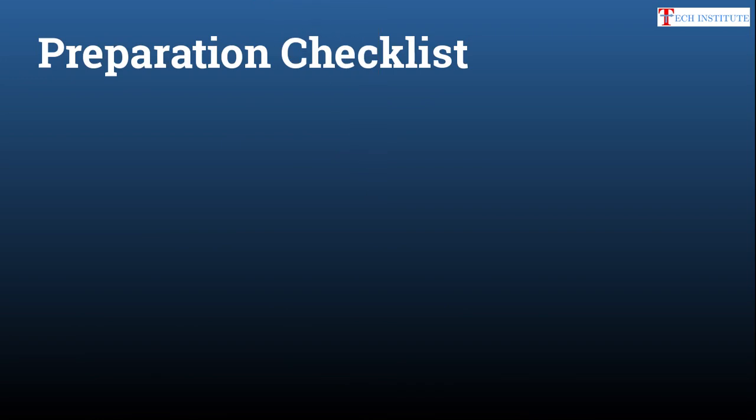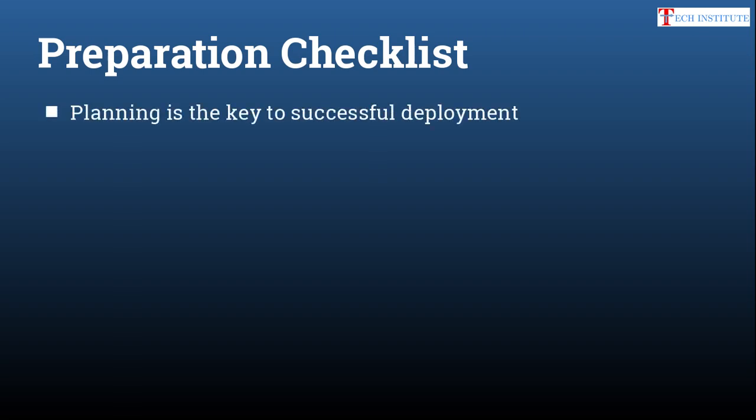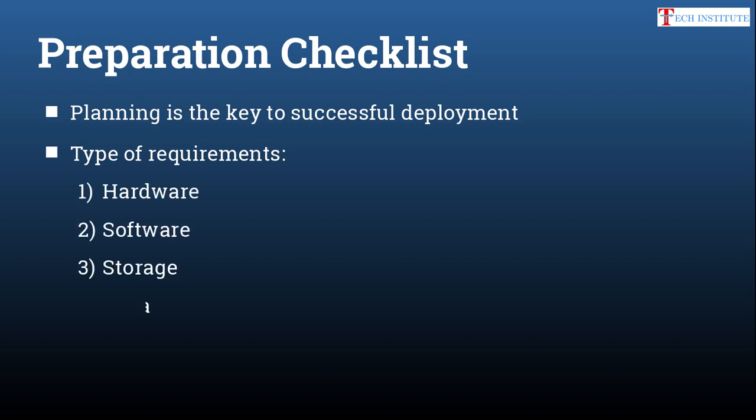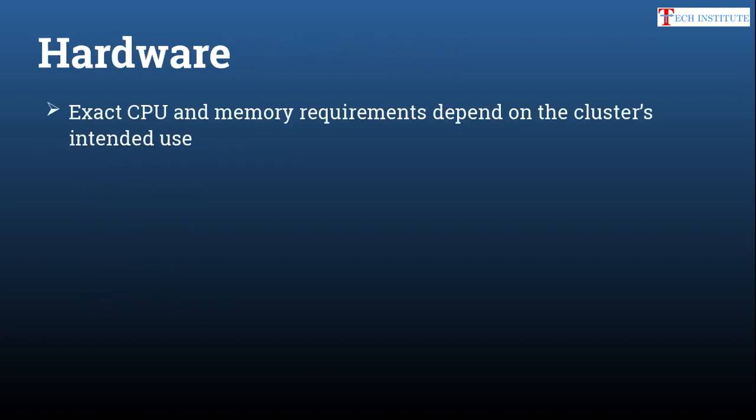The first thing is that planning is the main key to successfully deploying a cluster. Here are a few things you need to keep in mind: the requirements for your hardware, your software, your storage and your infrastructure. In hardware, the exact CPU and memory requirements depend on what kind of use you want to put the cluster to.